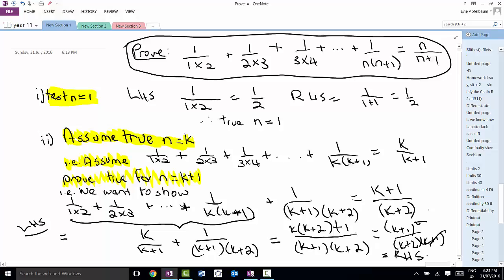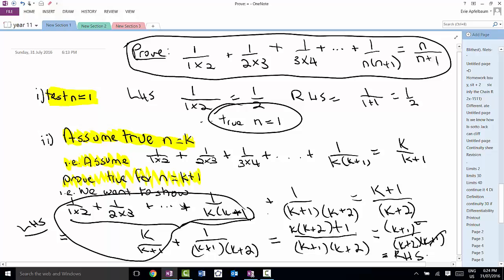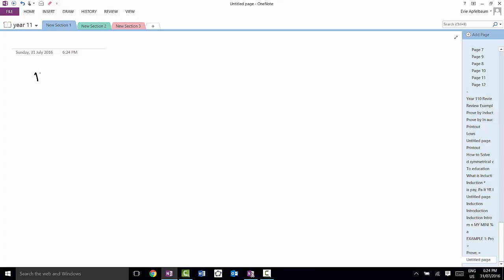Again, I wanted to show this on the whole screen. What have we shown? We've shown it's true for n equals 1. We've shown that if we can use this assumption here, that it's true up to k, then we get the same formula for k plus 1. So we can now write our conclusion, part 3, always the same.